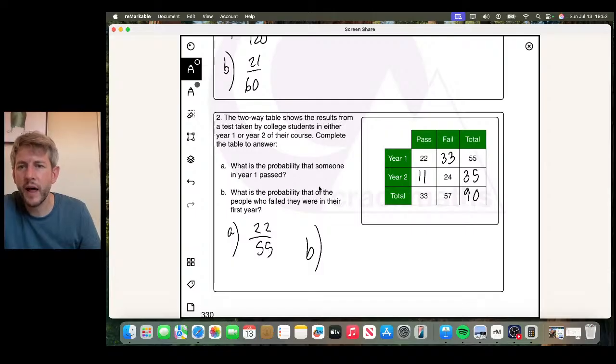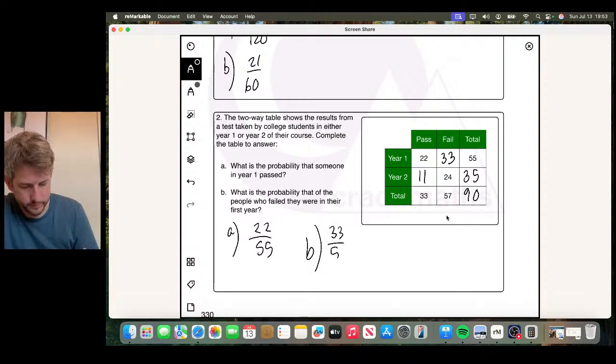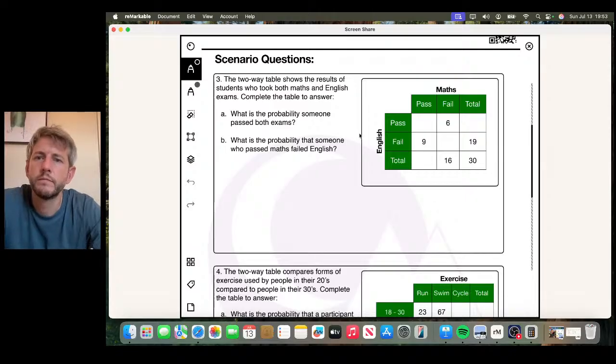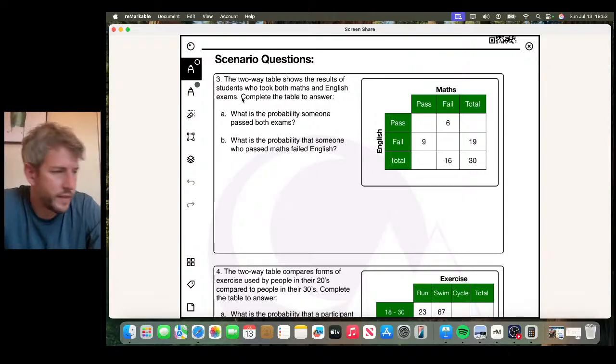What is the probability that of the people who failed, they were in their first year? Okay, so I did need the table for this one. Yeah, I think I'm just going to say complete the table, then answer the questions below. I think that's what it needs.